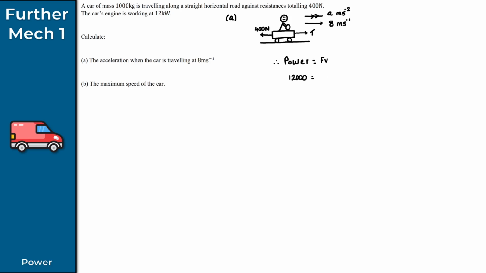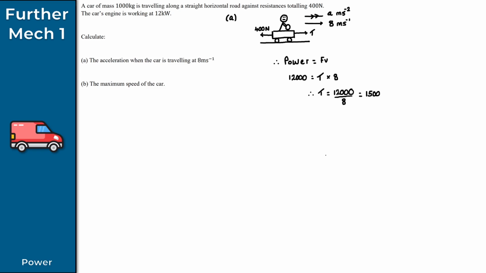So F here is a driving force, which I've just labeled as T. And we times that by V, which is 8 in this case. Now we want to solve for T here. And in that case then, nice and straightforward here, T is equal to 12,000 divided by 8. So 12,000 over 8 here, put that into your calculator, that gives us 1,500.